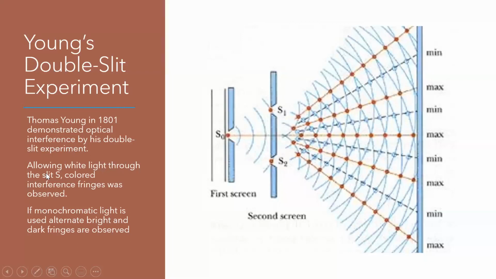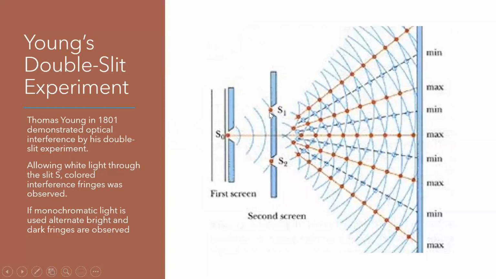What he did was he allowed white light to pass through a small slit S0 on a screen. So this is the first screen. The light comes through the slit, and then the light coming through the slit is further divided into two with a double slit on a second screen.